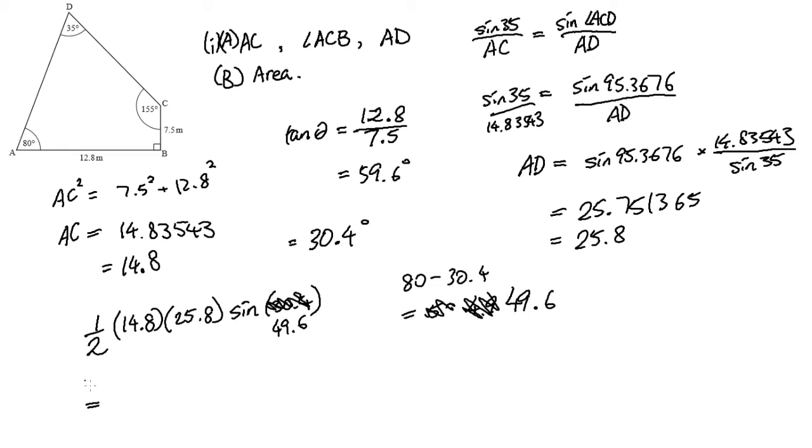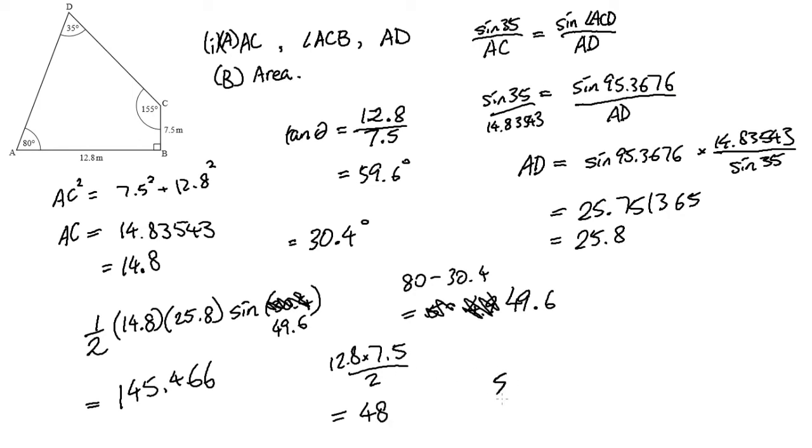And that gives me 145.466 meters squared. And now I need to add the small triangle. So this will be 12.8 times 7.5 divided by 2, which is 48 exactly.